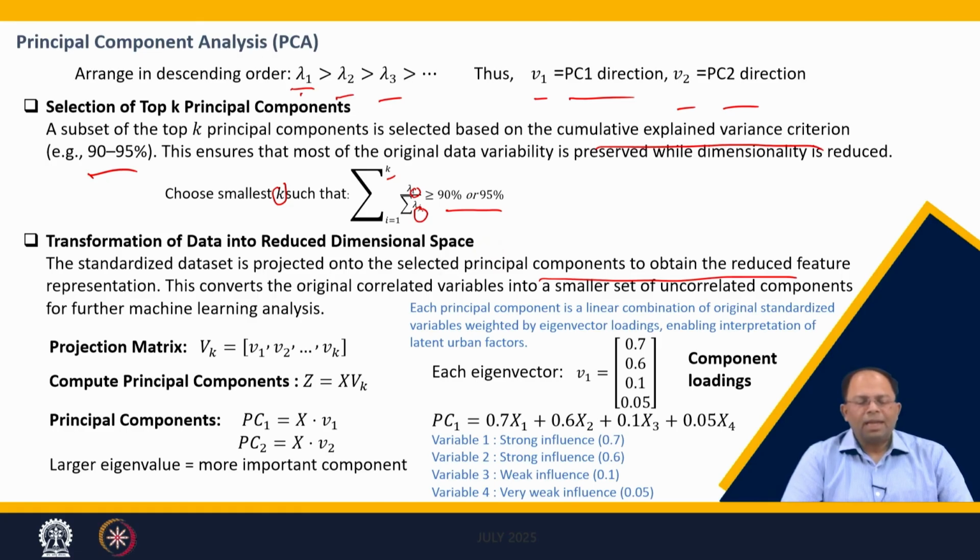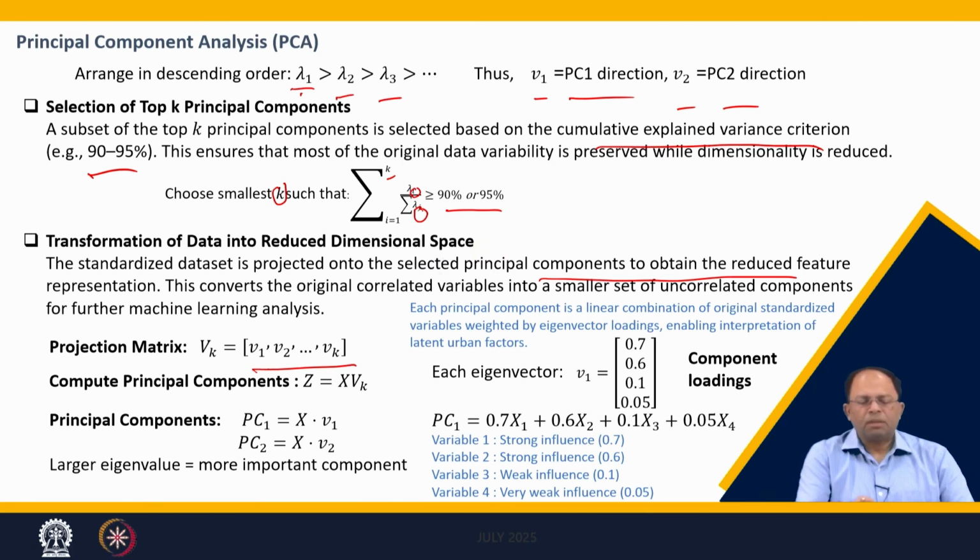This converts the original correlated variables into a smaller set of uncorrelated components, which could be used for further analysis, for building models and so on. Now the projection matrix Vk will include all the different PC directions, the principal components V1, V2, Vk, and so on.